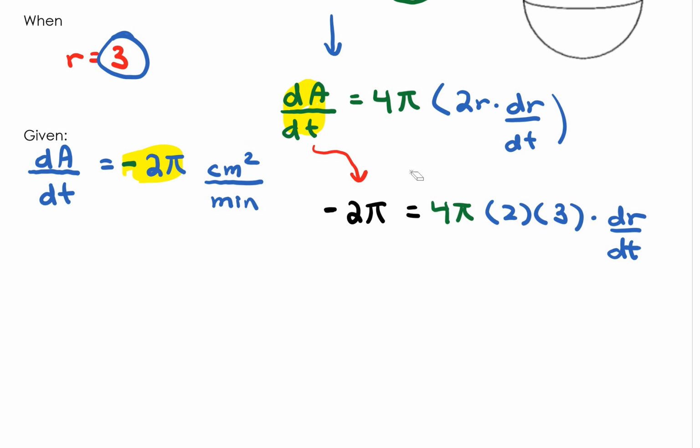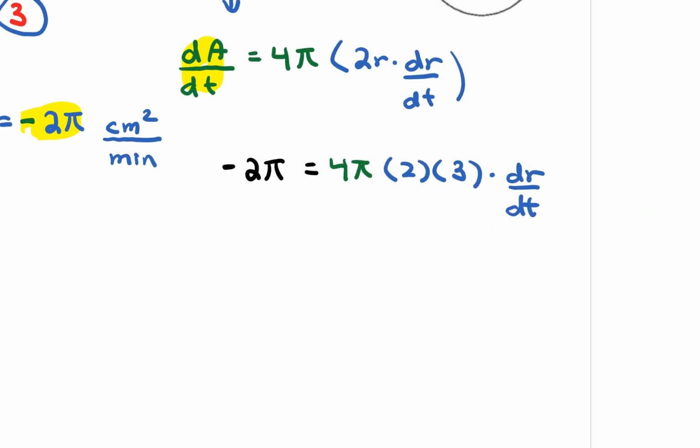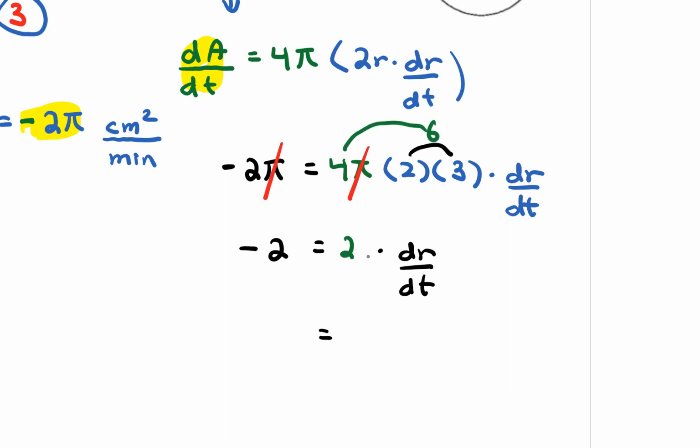Okay, so hopefully that makes sense in terms of plugging in the numbers. Now we need to simplify this. I see that the pi and pi can cancel out. And I have a negative 2 here, and 2 times 3 will be 6. Sorry, I forgot the 4, so 6 times 4 is going to be 24.